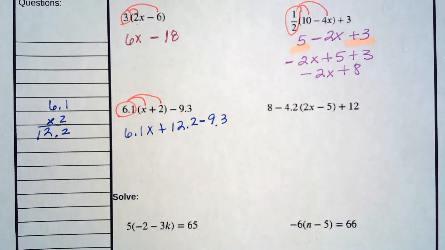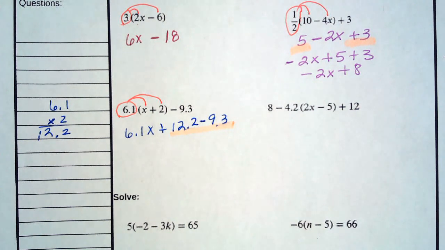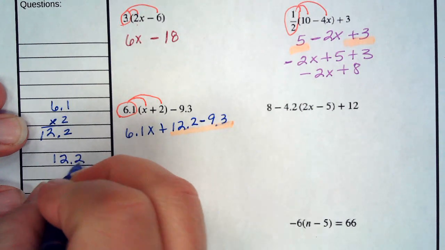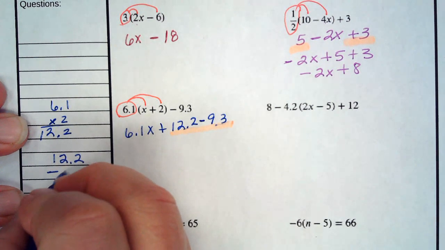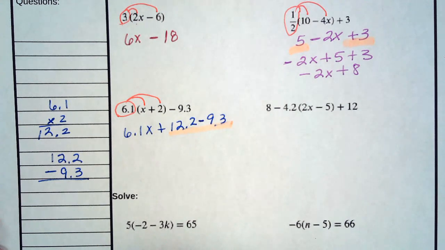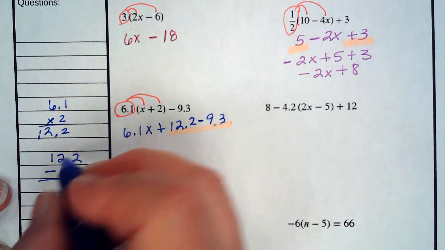Okay, now I've got numbers that I need to combine. 12.2 minus 9.3. I can't take 3 away from 2, so I've got to borrow.